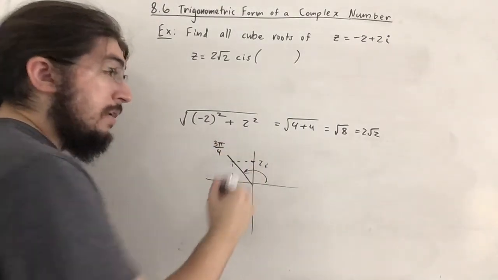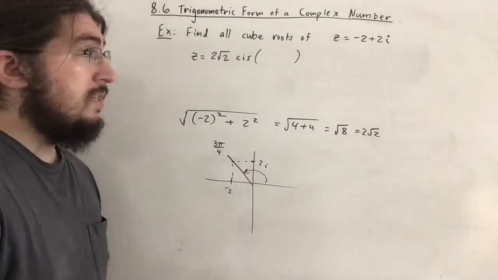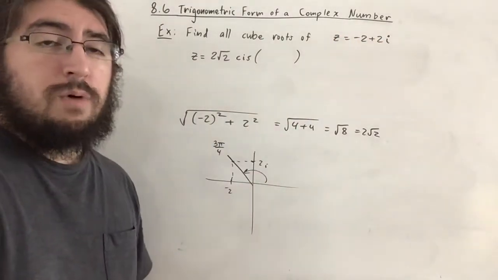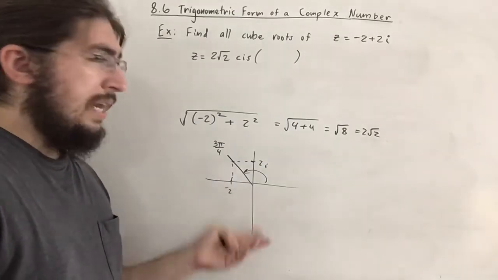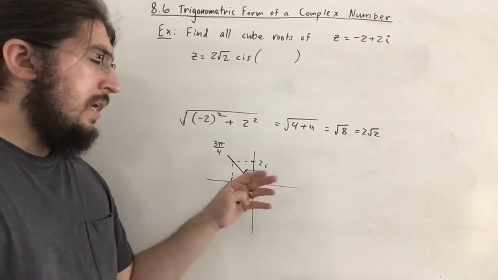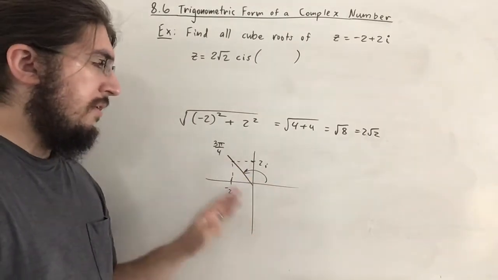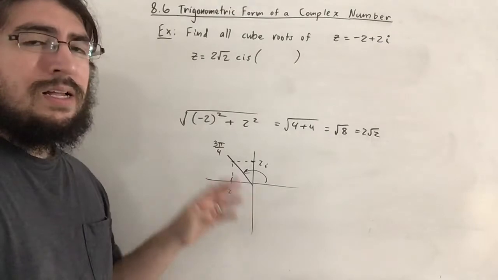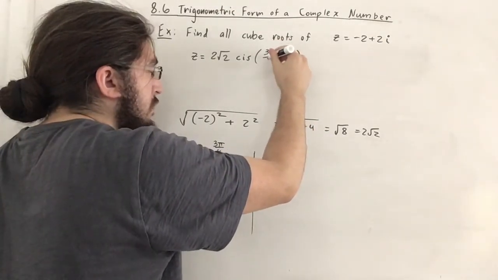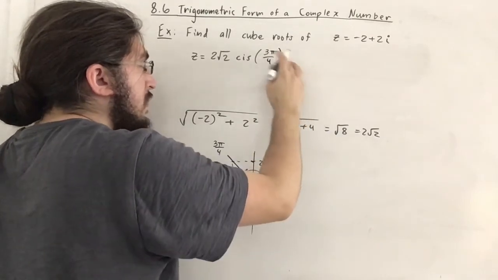So I even did that without using tangent inverse, which you can definitely do. If you use tangent inverse, notice 2 over -2 is -1. Tangent inverse of -1 is negative pi over 4, which would correspond to either the third or fourth quadrant. And then you have to use reference angles to figure it out from there by plotting it. But regardless, you get 3 pi over 4. So that's nice that we see that somewhere in this video.